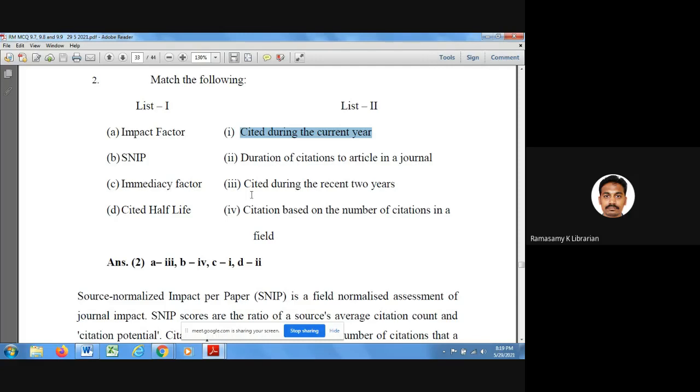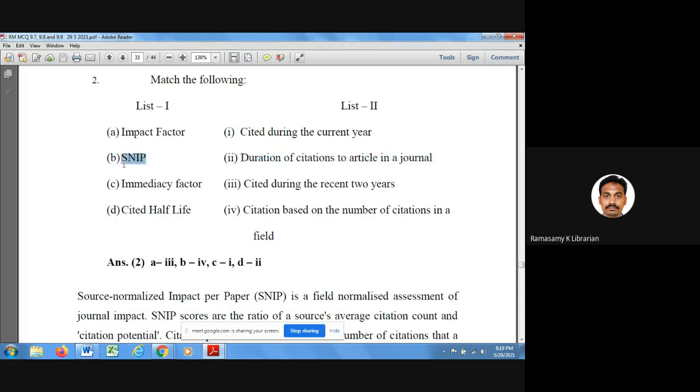Then cited half-life talks about the duration of citations to articles in a journal. In a journal, for how many years the papers are getting half of their citations. That is called the cited half-life of an individual article or an individual journal.